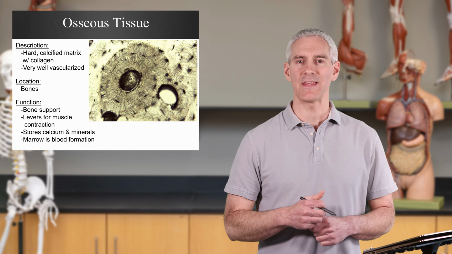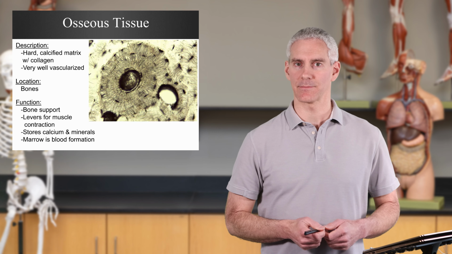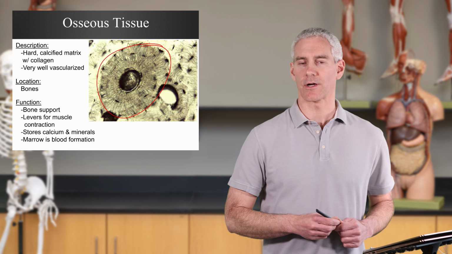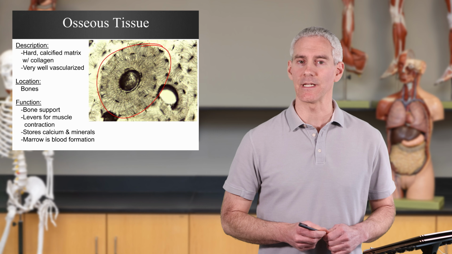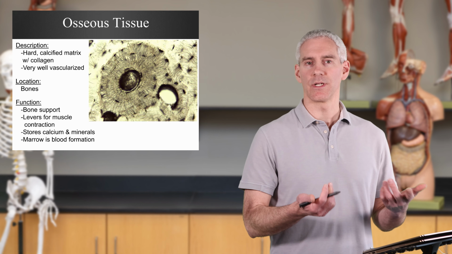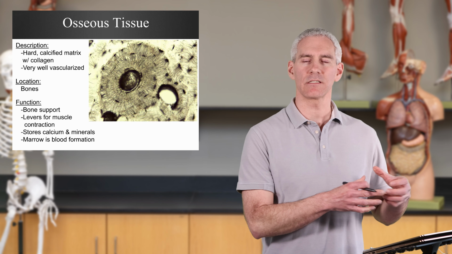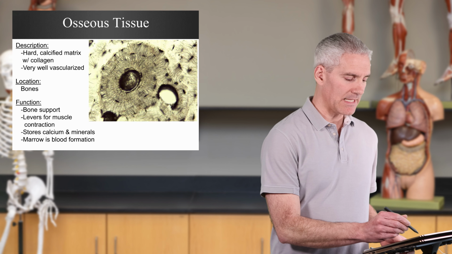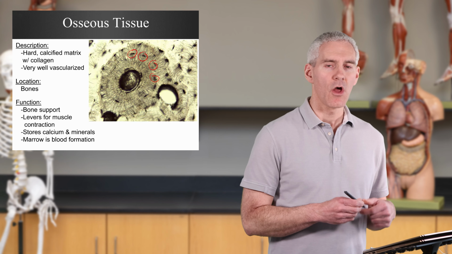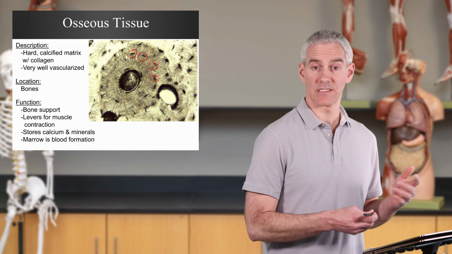When we start looking at the osseous tissue, this example is going to be from compact bone. You can notice it looks like one big, huge ring structure. Almost think of a cross-section of a tree. This is the osteon, basically the unit of the osseous tissue. What you're seeing here is a whole calcified matrix. Each one of these black dots that have all these lines going out are the osteocytes in their lacuna, same as cartilage.